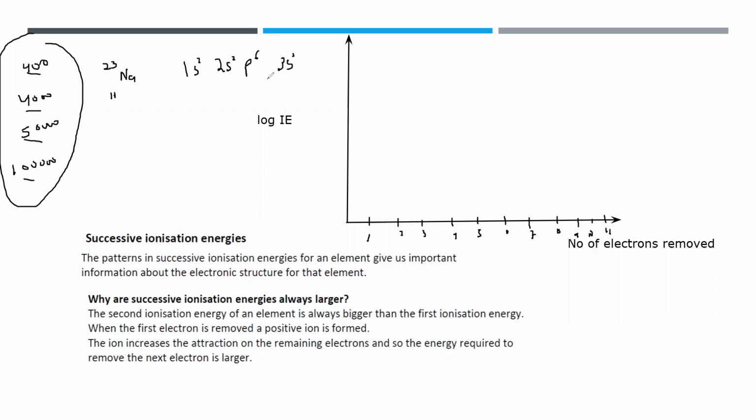Whenever we remove an electron, it is always removed from the last shell. So which electron will be removed first? We'll remove the electron from 3s because that's the outer shell.